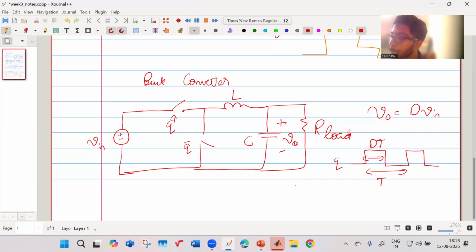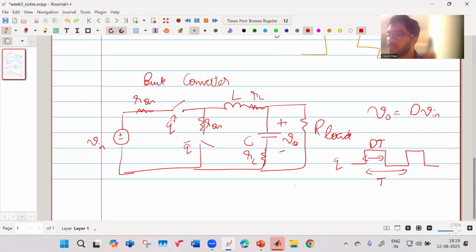Now, this is in ideal condition, but you have the on resistance of this switch, another on resistance of the other switch, the inductor DCR, and the capacitor ESR.